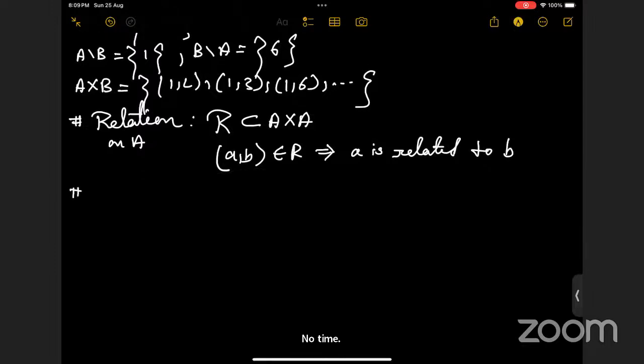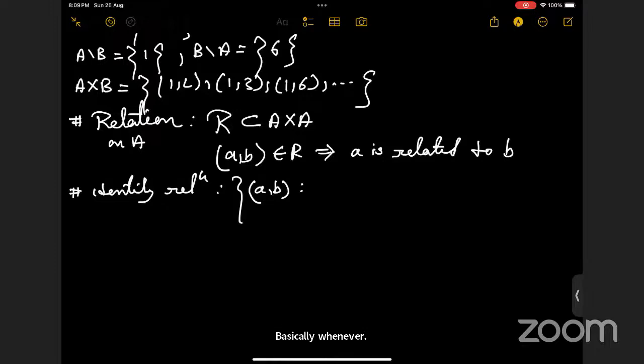Then we know the identity relation, right? Identity relation is formally whenever (a, b) belongs to R, it implies that a equals b.